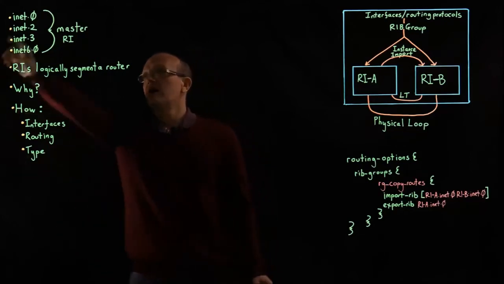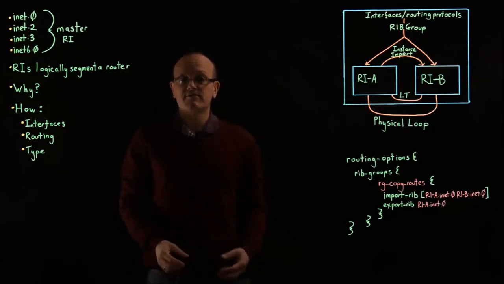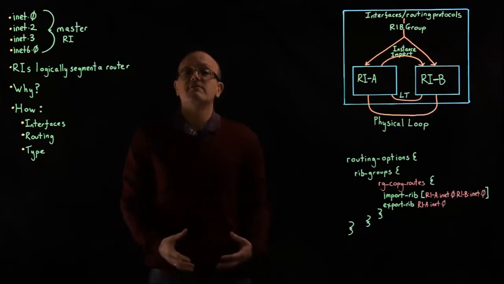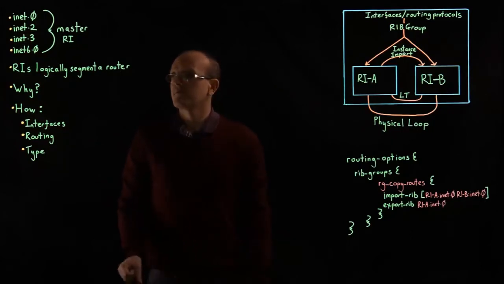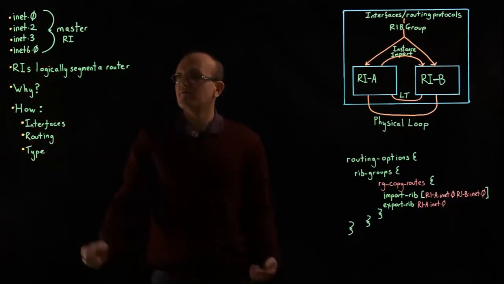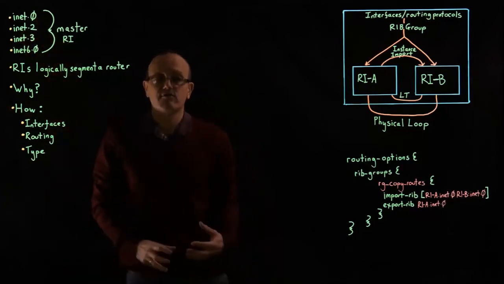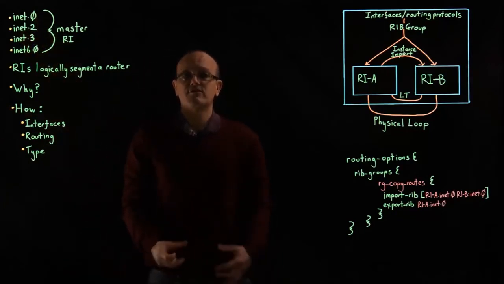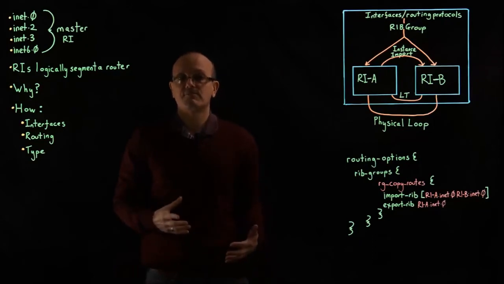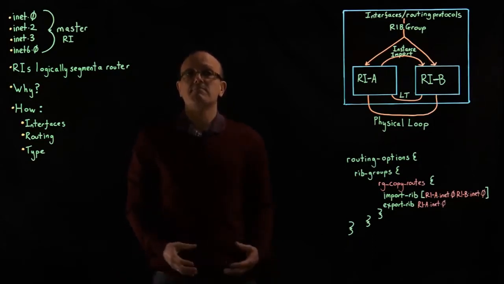You have the inet routing tables that are providing functionality for IPv4 address families, and you have the inet6 routing tables for IPv6. The .0 routing tables are the main routing tables where you do the bulk of your IPv4 and IPv6 packet forwarding.